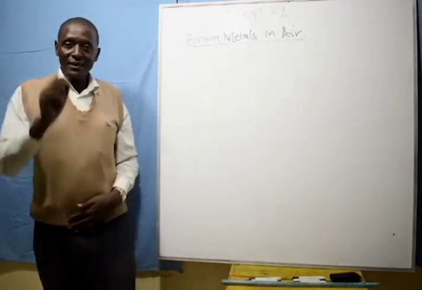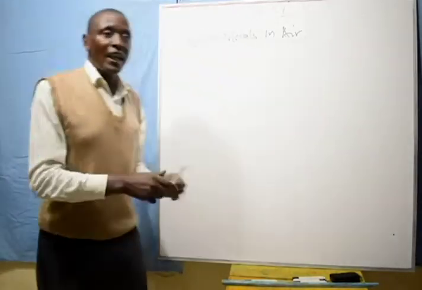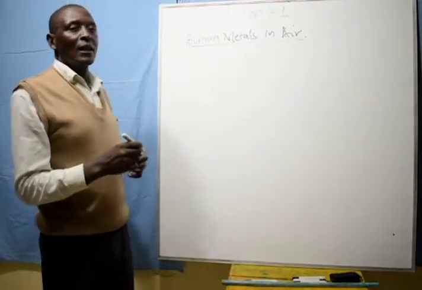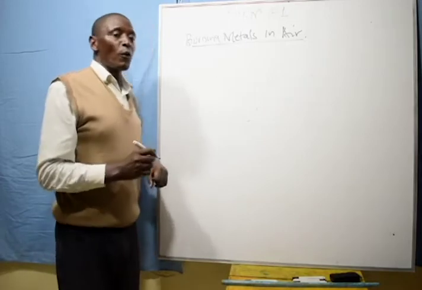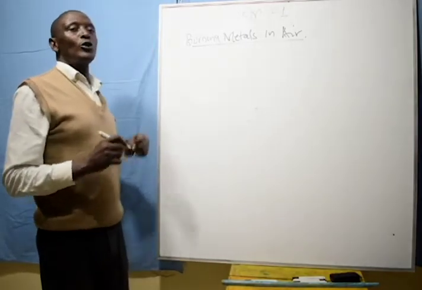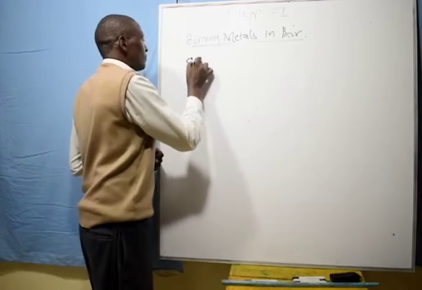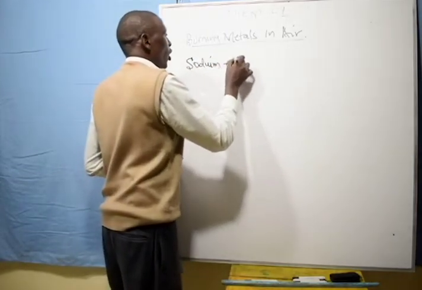Now, let's turn to each at a time. When sodium is heated and it burns with a yellow flame, the sodium reacts with oxygen from air to form sodium oxide. Sodium plus oxygen.